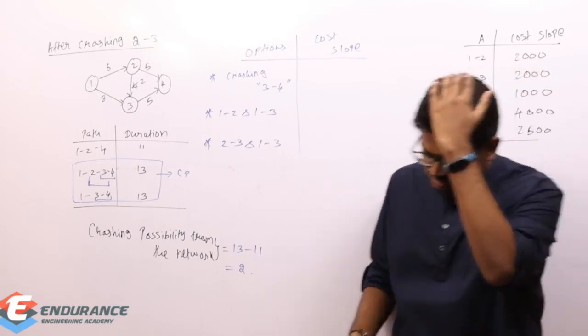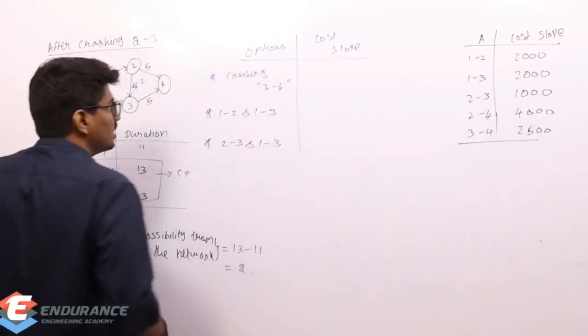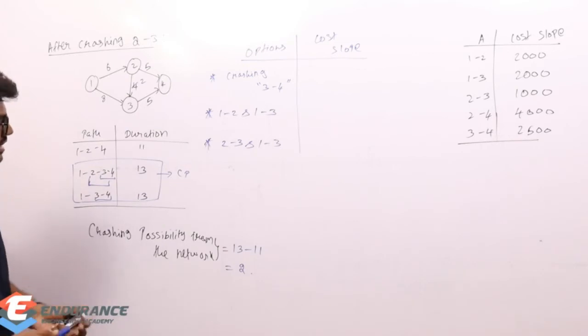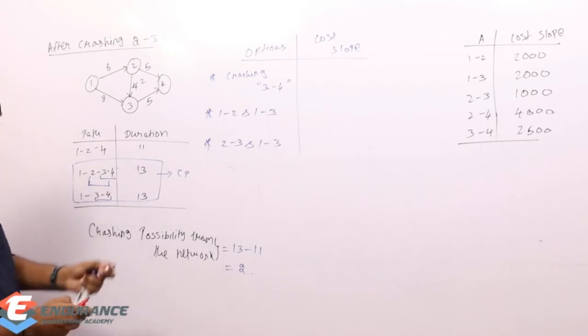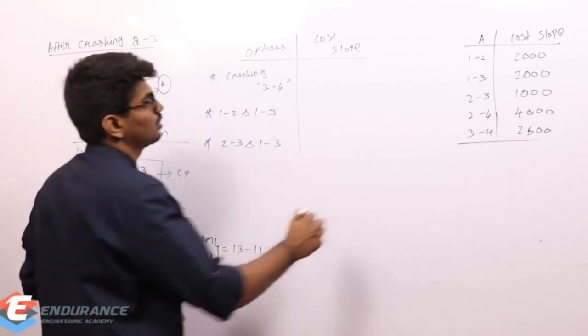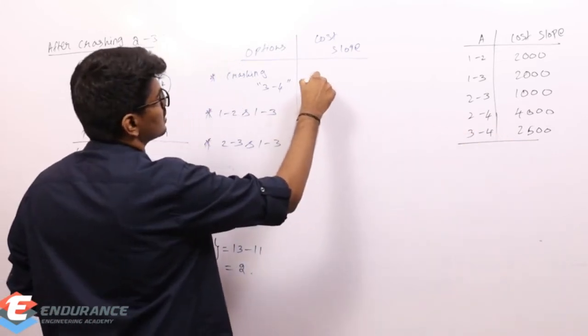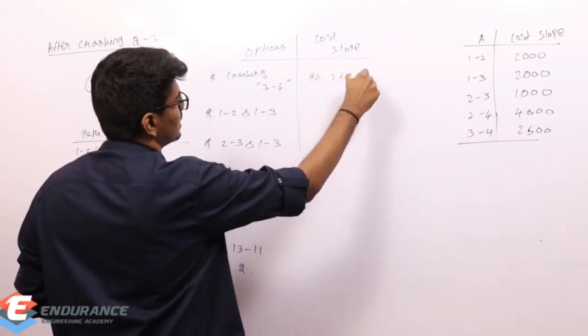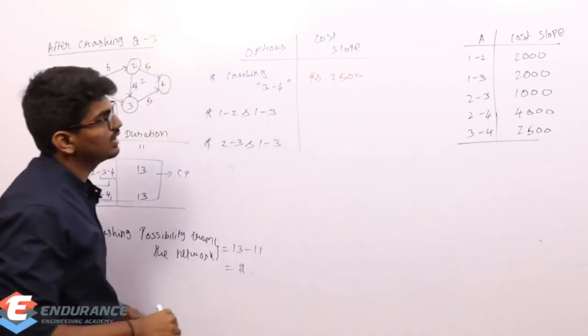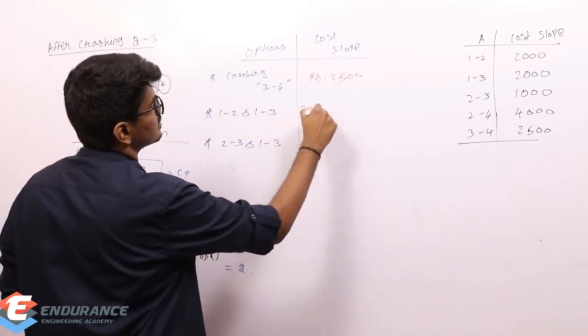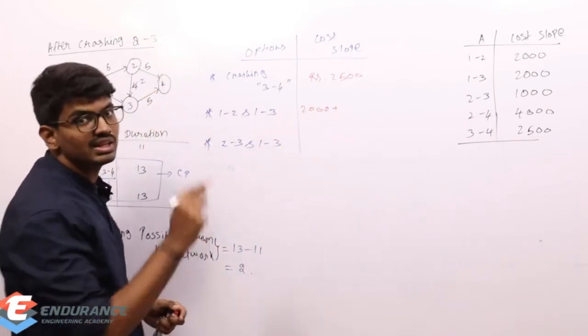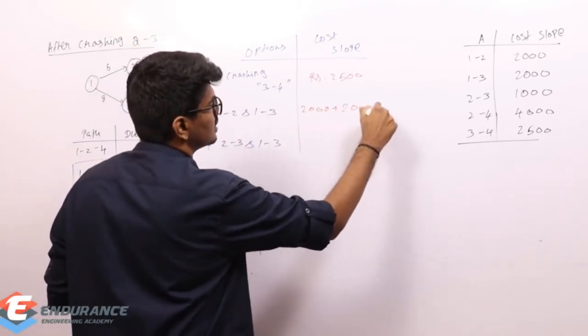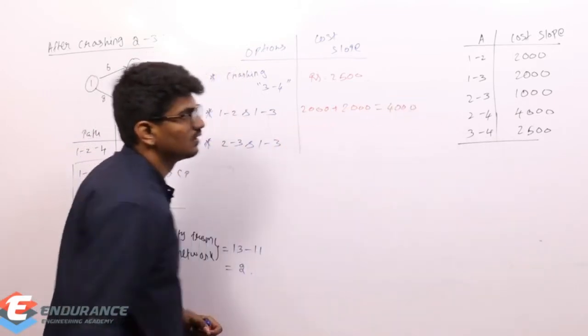So if I substitute it here, what will happen? First, crashing 3 to 4, how much is the cost slope? I already wrote the cost slope there. 3 to 4 means cost slope is rupees 2500. 1 to 2 is 2000 plus 1 to 3, again 2000, which implies 4000.